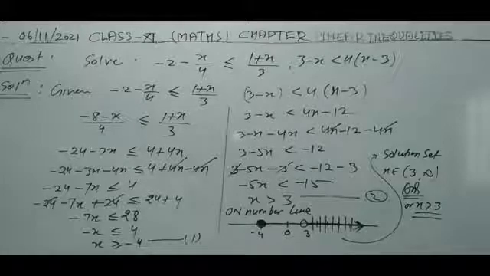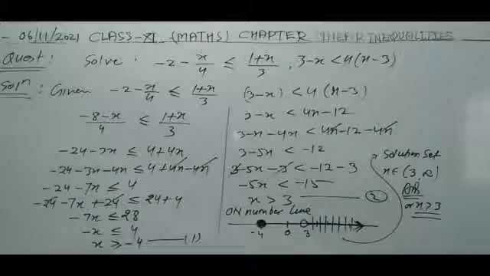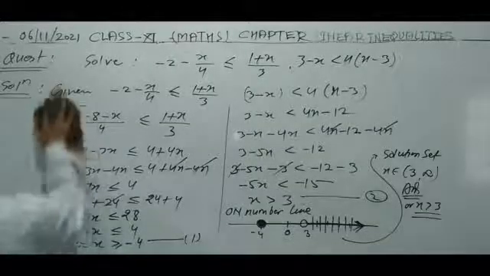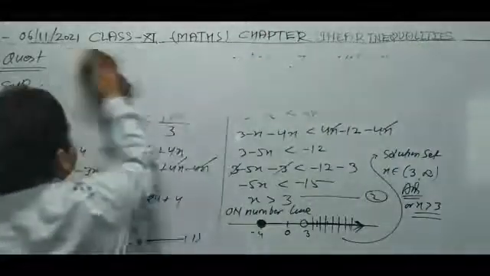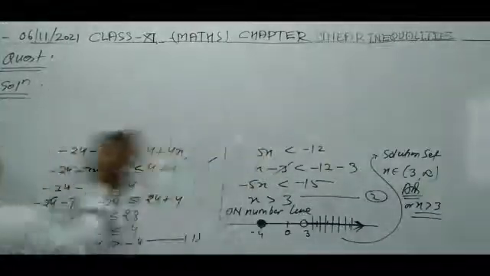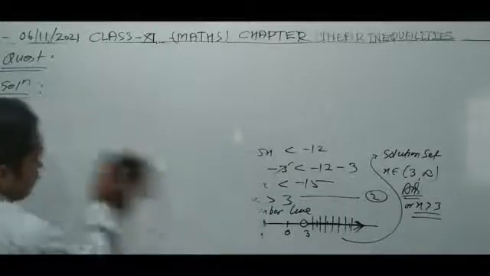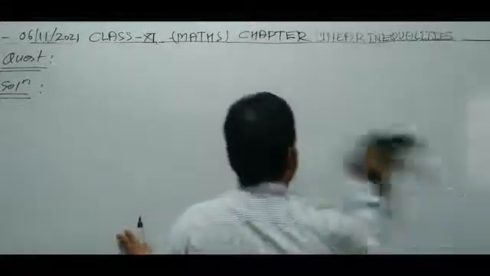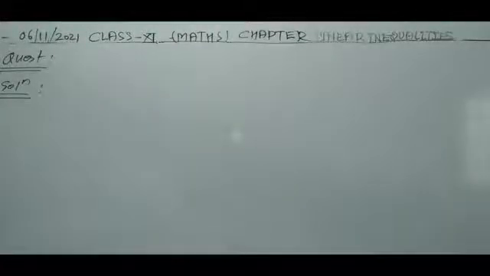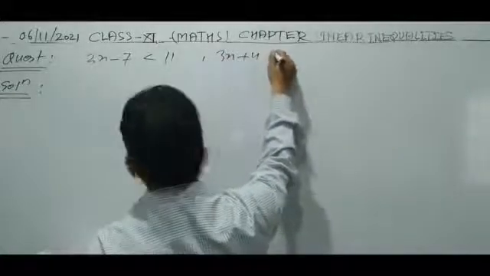The next question is question number 4. Now question number 4 is: 2x minus 7 is less than 11, comma, 3x plus 4 is less than minus 5.